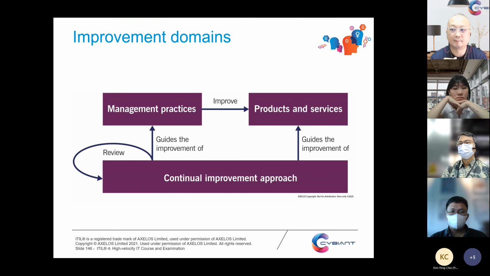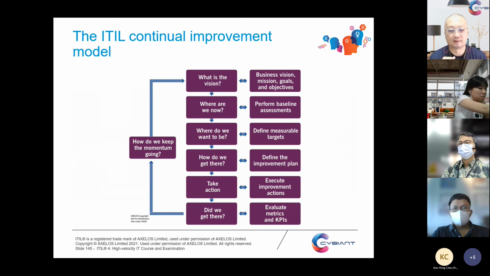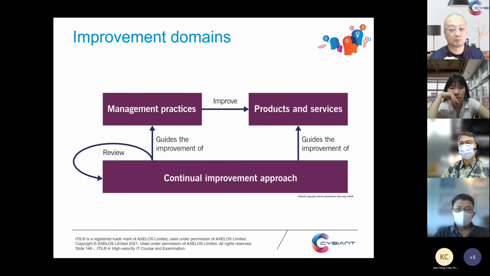So what this diagram explains is that if you go through the previous model, the findings, the insight, the outcome will improve not just the management practice, it will also improve your product and services to your stakeholder. That's why I strongly encourage you to try to do one.